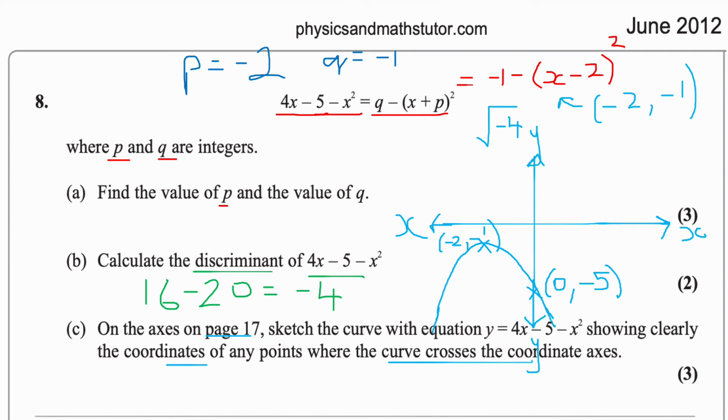Remember that the quadratic expression is -x squared plus 4x minus 5. I could multiply everything through by a negative, but that just switches the sign, and it still doesn't have any real distinct solutions.